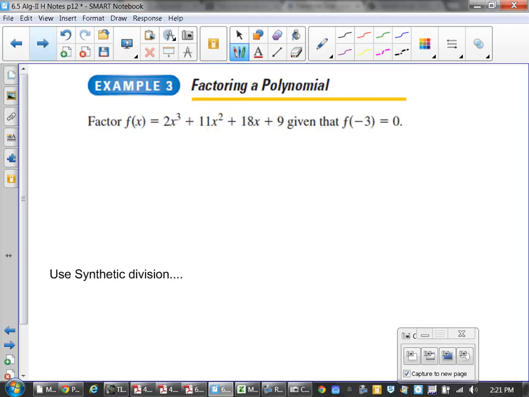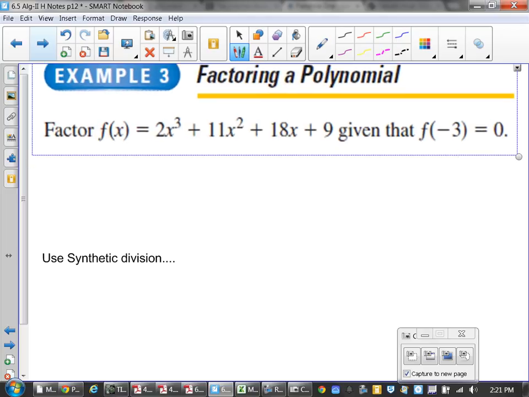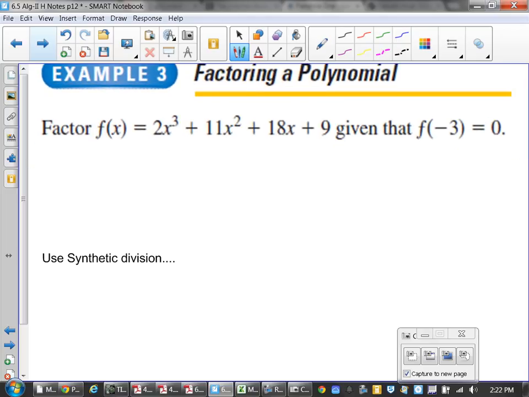So another way they're going to say this is you're going to factor the polynomial when they give you a zero. And they write this out a couple of different ways. In this example, f of x, telling you it's a function, 2x cubed plus 11x squared plus 18x plus 9.